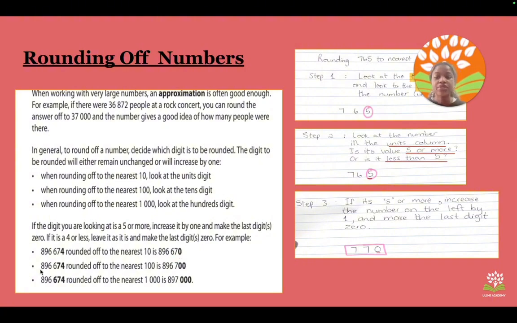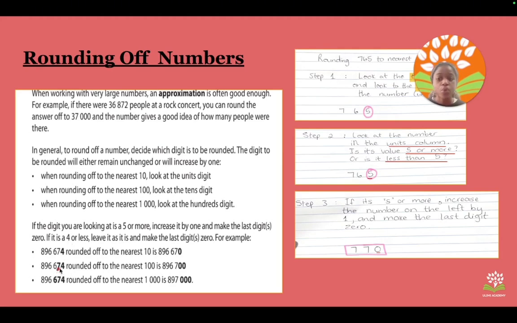And if we look at 896,674 rounded off to the nearest 100, it's 896,700. Because we're trying to round off to the nearest 100, we look at our hundreds column, and the number to the right of it is 7, correct? Now is the number 7 5 or more or 4 or less?